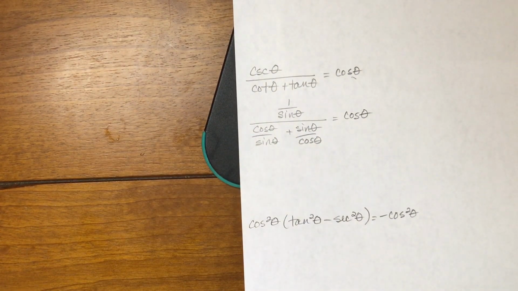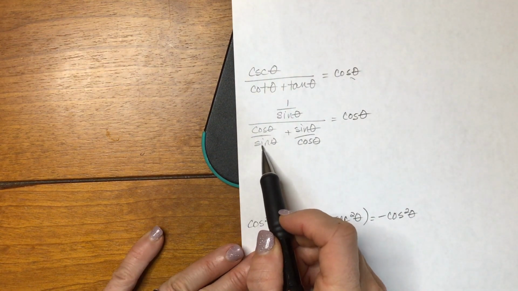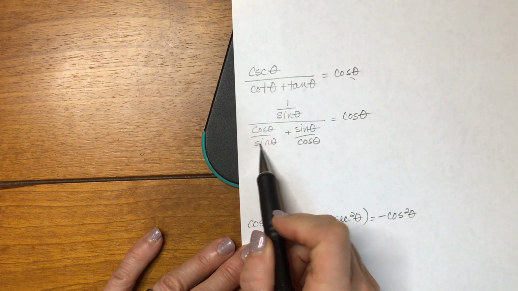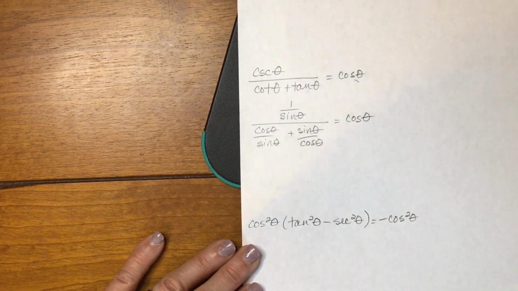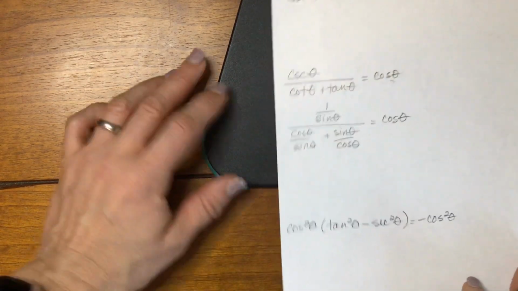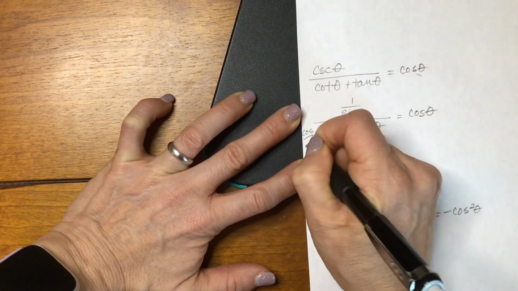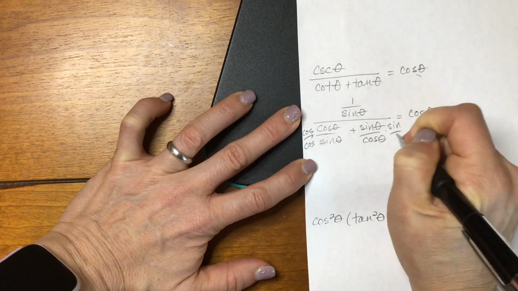All right, so you might be thinking this didn't make it any better. But down here in my denominator, I can find a common denominator. This one has sine for a denominator, that cosine. I want a common denominator of sine times cosine. So on this side, I'm going to multiply by cosine over cosine, and this side by sine over sine.